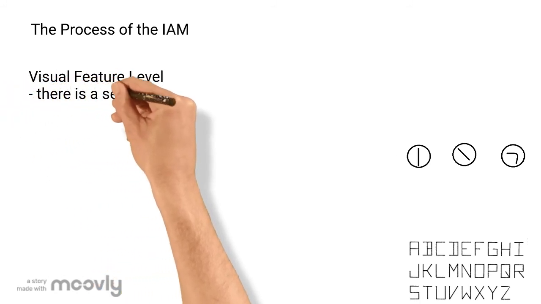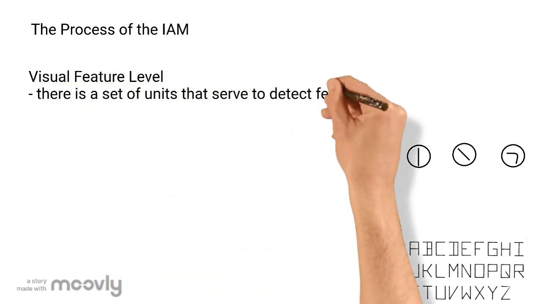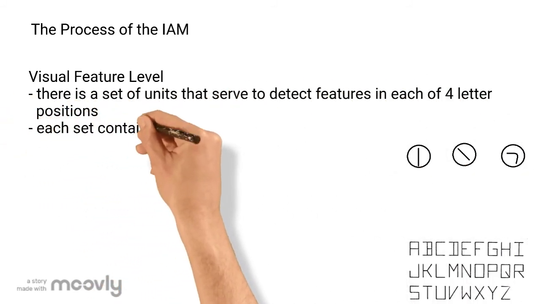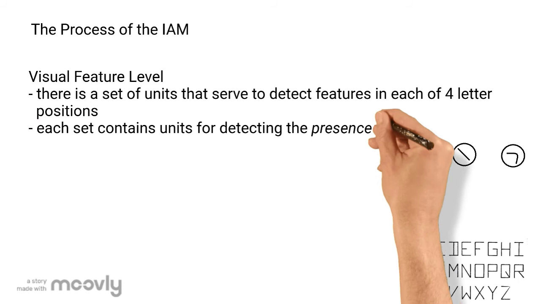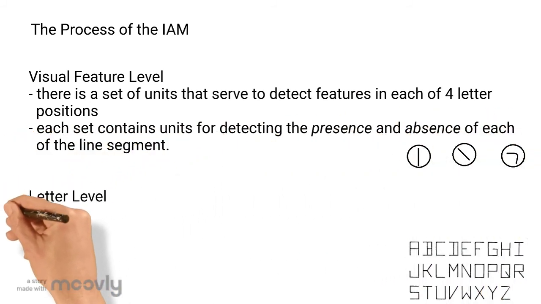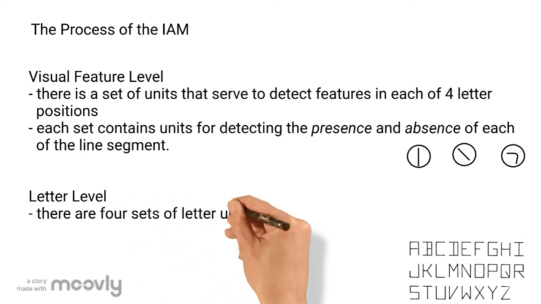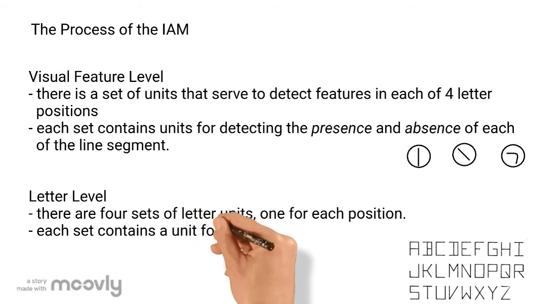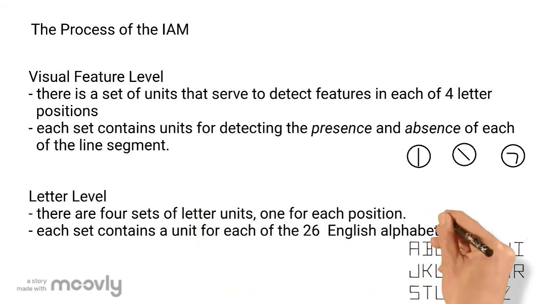The process of the interactive activation model. In the visual feature level, there is a set of units that serve to detect features in each of four letter positions, and each set contains units for detecting the presence and absence of each of the line segments. In the letter level, there are four sets of letter units, and each set contains a unit for each of the 26 English alphabet letters.